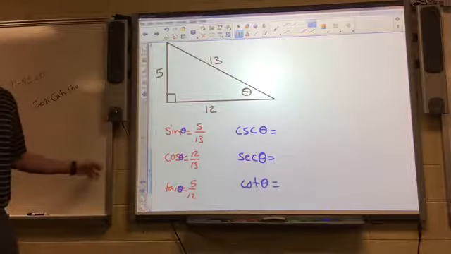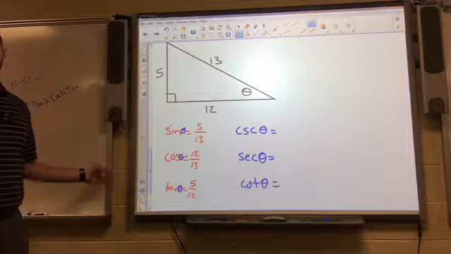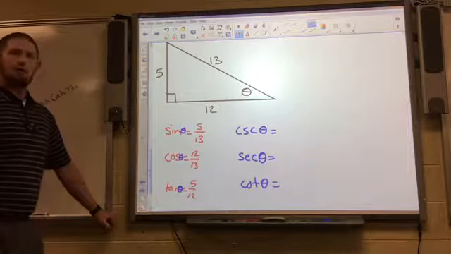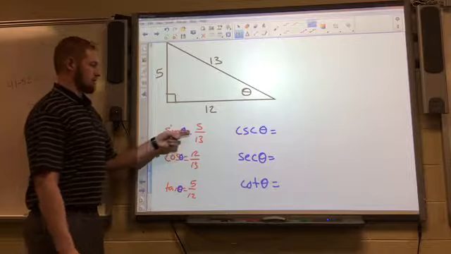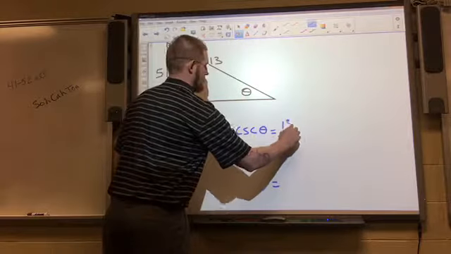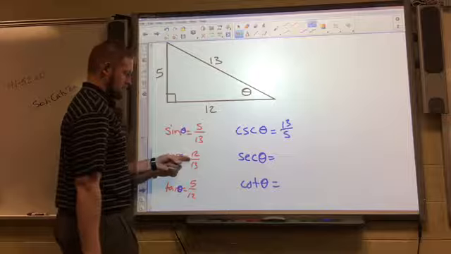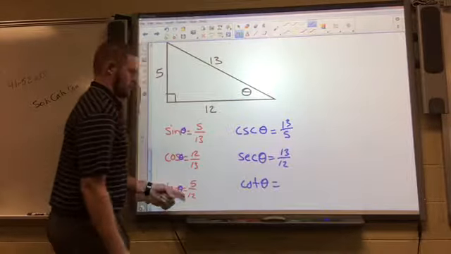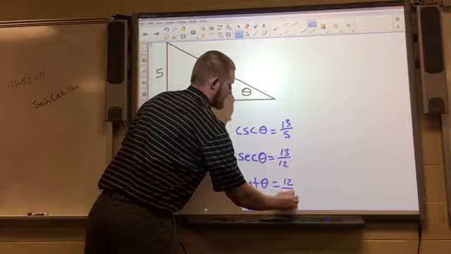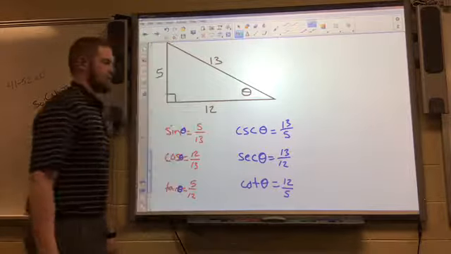I don't actually have to go back and think about what they are, because I know it's going to be the inverse, right? So it's just going to be 13 over 5, 13 over 12, 12 over 5. I'm just going to flip all those, and that's going to be my other three trig functions.